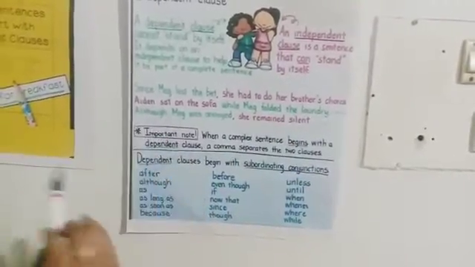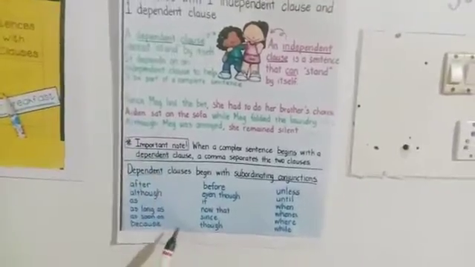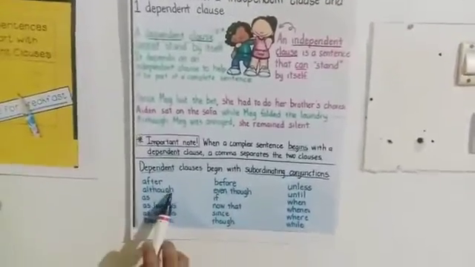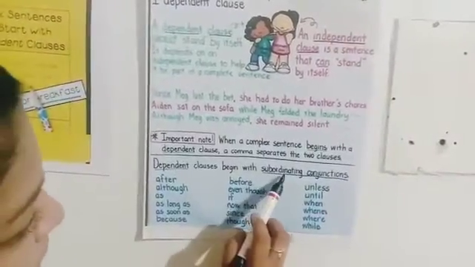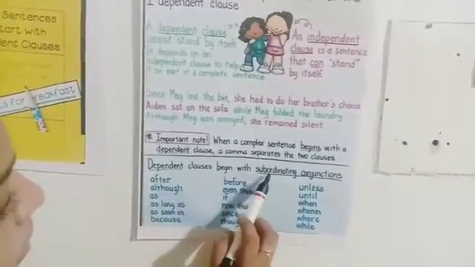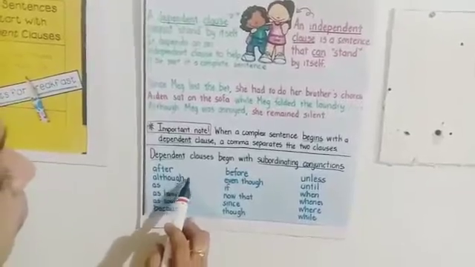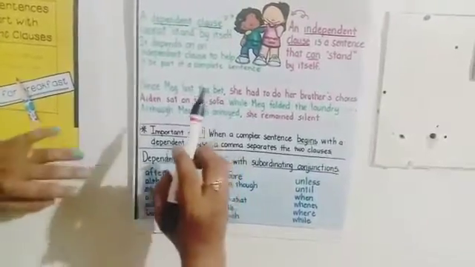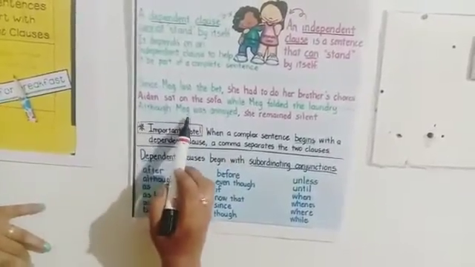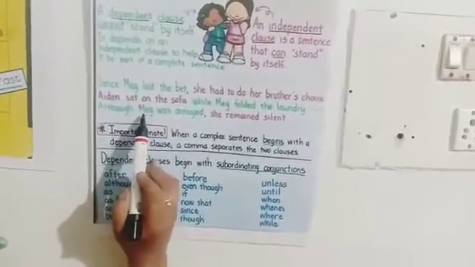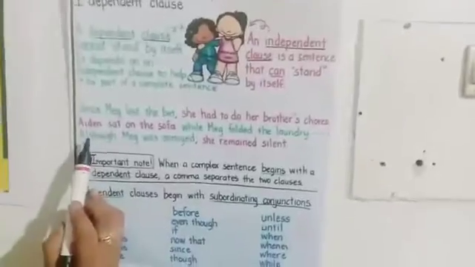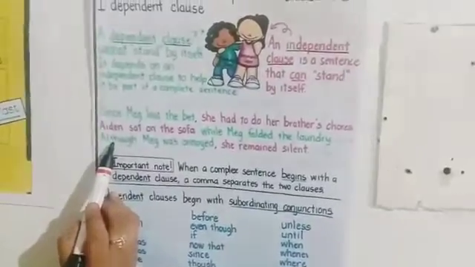Next is although. Although is another dependent clause, or subordinating conjunction. A dependent clause always begins with a subordinating conjunction. Here, although Meg was annoyed, in this sentence we used one dependent clause.